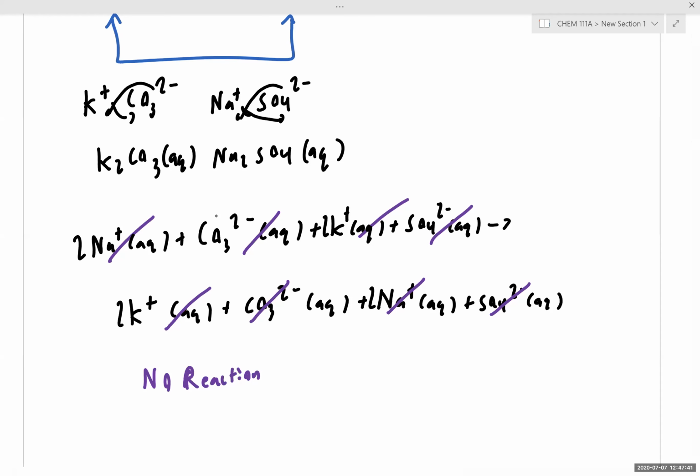So let's take about 4 minutes and let's try to predict the products from this precipitation reaction. And remember that you separate each of your compounds into their component ions, you pair your ions, and then from that, you identify the insoluble product, the insoluble ionic compound that you can generate.